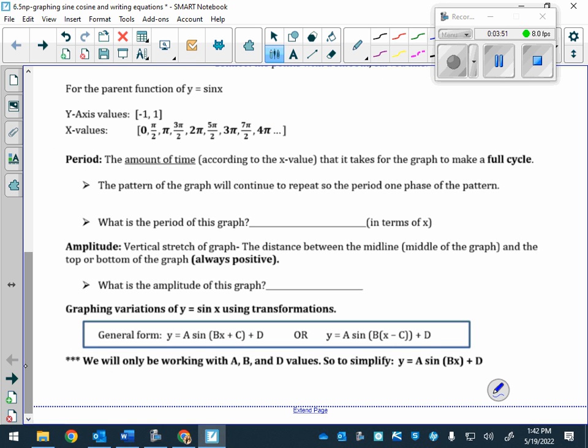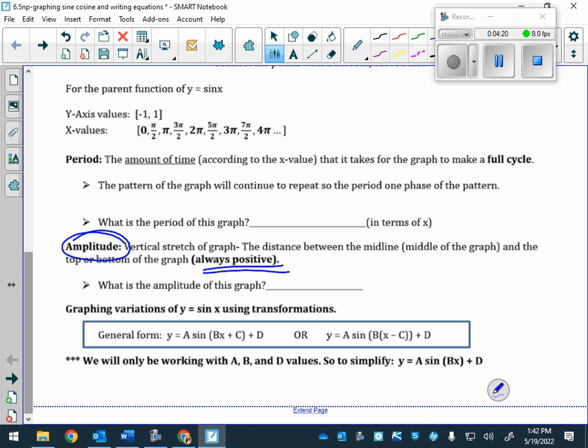One thing about the amplitude, it's the vertical stretch, and it's always positive. Think of a number in front of a function. If it was greater than 1, it was a stretch. If it was between 0 and 1, what was it? Compression. But the negative meant what?